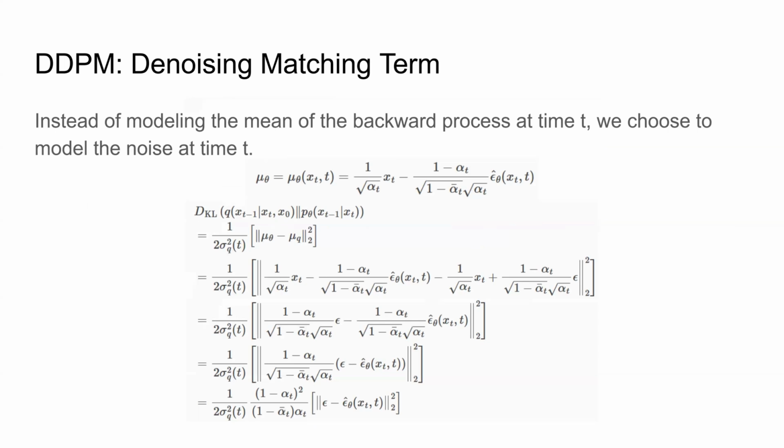We are modeling the noise and converting it into the mean, which is our previous variable that was derived to be equal to the KL divergence times some constant. Yes. So we plug this in. After some lines of derivation, we arrive at this final value.